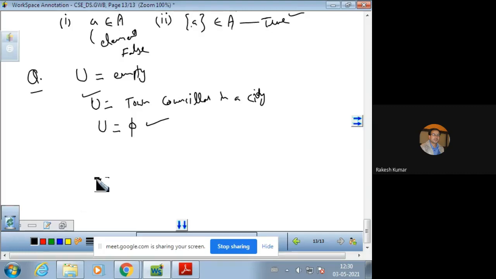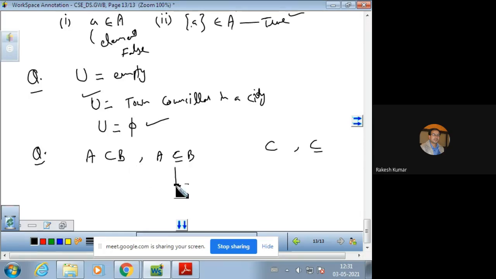Now, one more question. What is the difference between A subset of B and A subset of B with the underline? Both define a subset, but there is a difference between the set and inclusion. This is the first symbol, and this is another symbol where the underline is there. We must understand the difference.